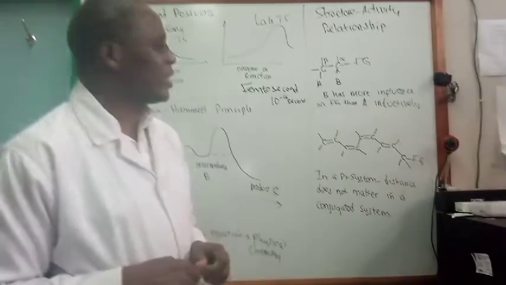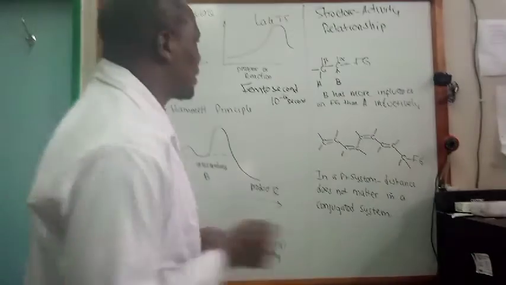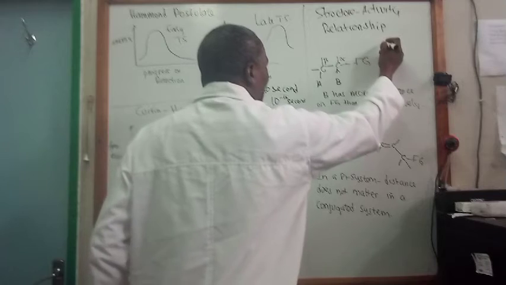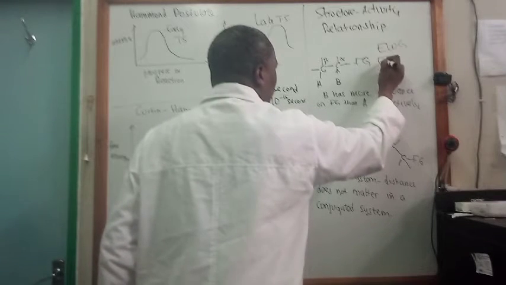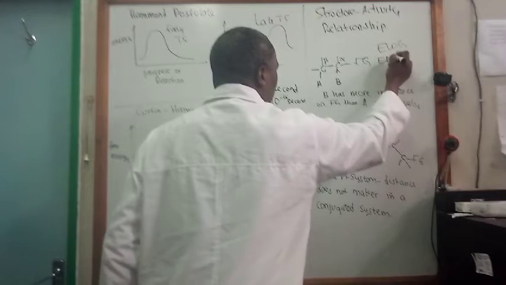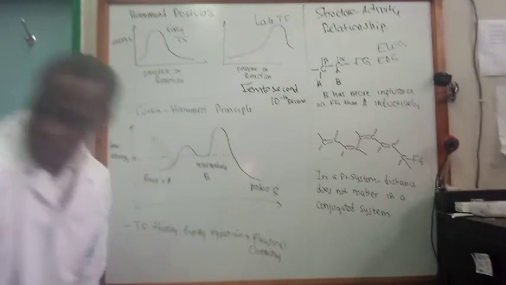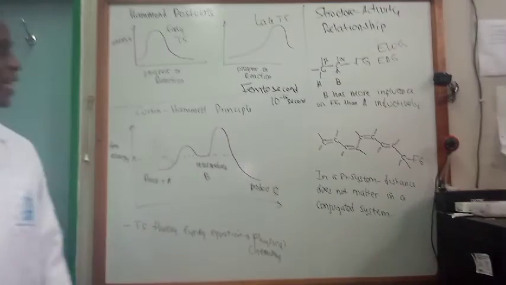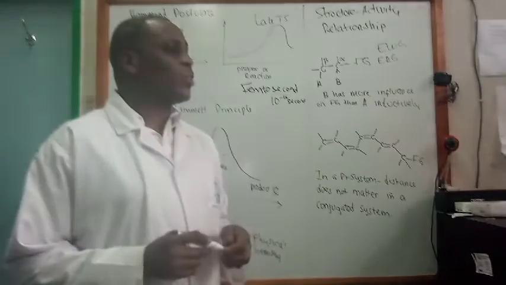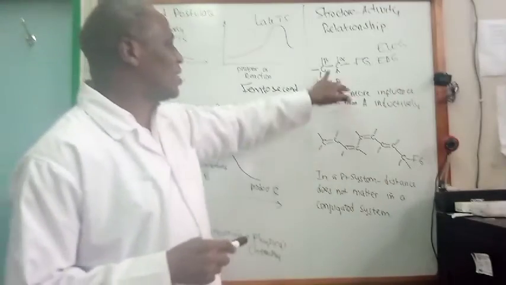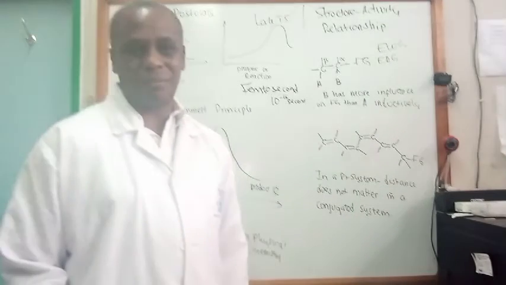Electron donating or electron withdrawing group. By this time, you're going to hear words like electron withdrawing group or electron donating group. So the closer it is to the functional group, the more its influence.